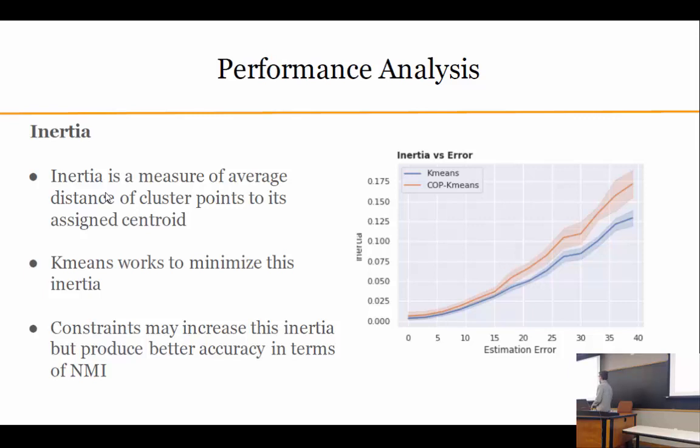And here is inertia, which I guess I explained before I got to it, but inertia is, again, the variance of your cluster points to their centroids, or the measure of average distance to the cluster centroids for every point. So this is kind of interesting because it shows what k-means is meant to do.